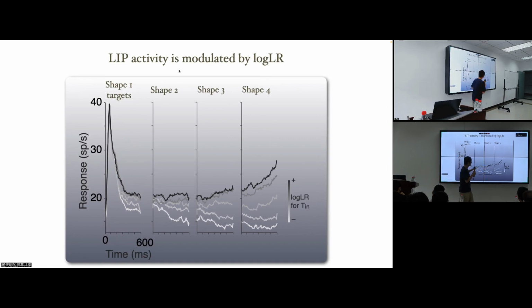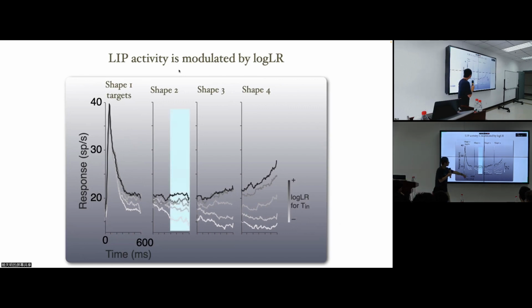If the evidence keeps growing, you'll see the accumulation of evidence in this neuron. If the evidence is going toward the negative side, you see a decrease of response in the neuron. In addition, we can compute the response of these neurons in the time window roughly around here, because we don't want the part when the shape is just on, with some transition response.